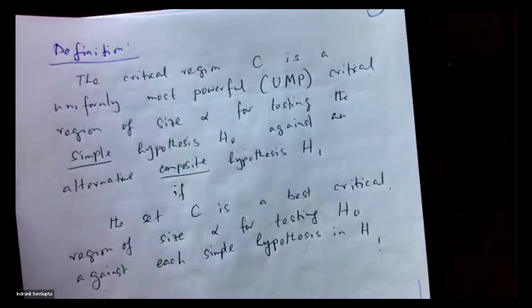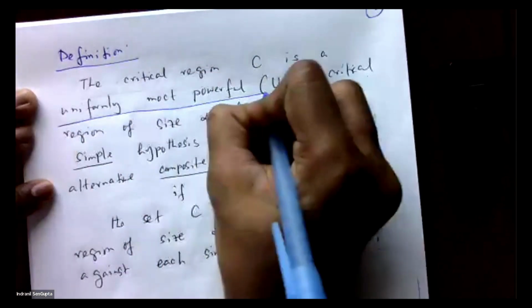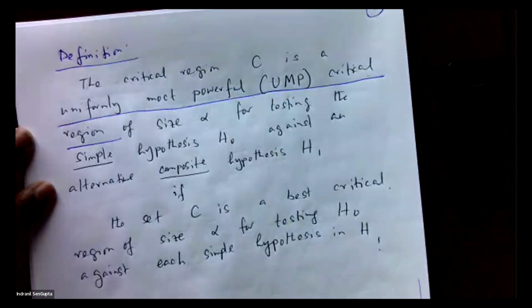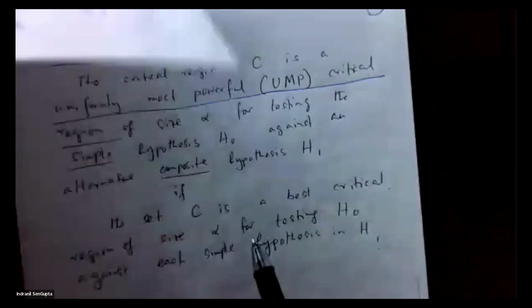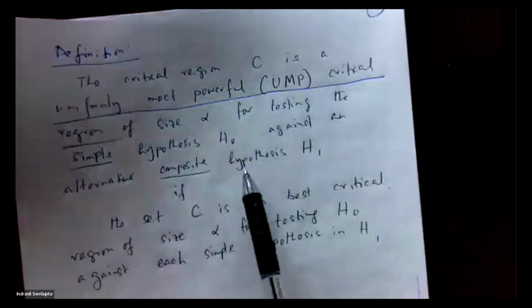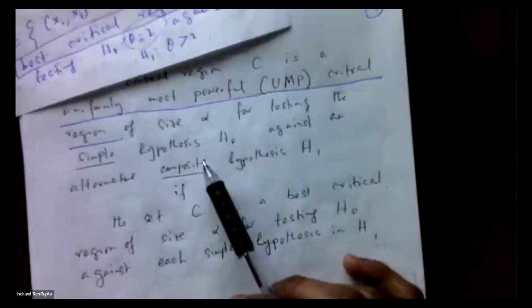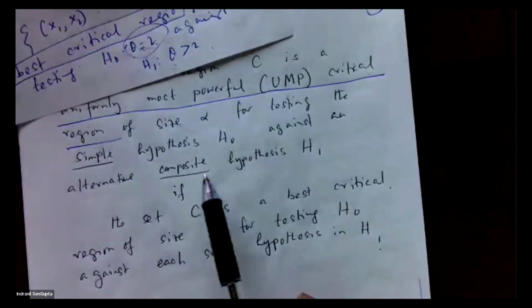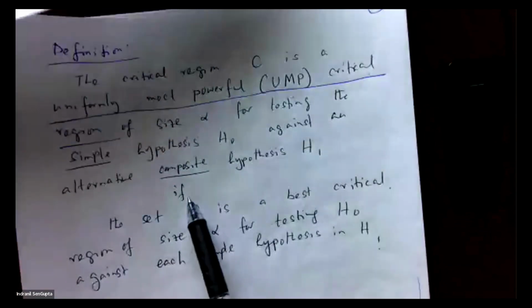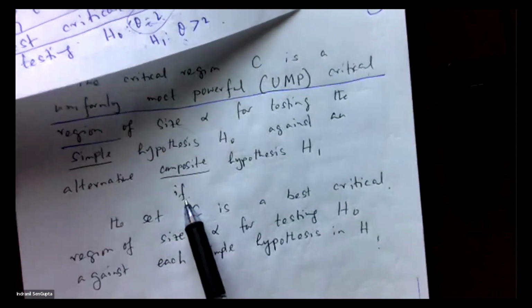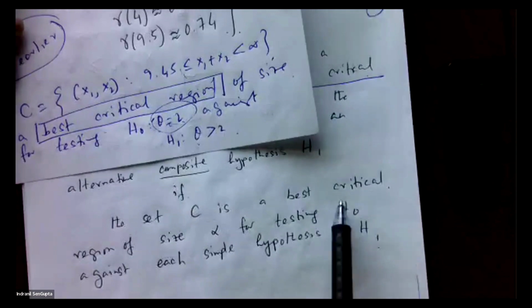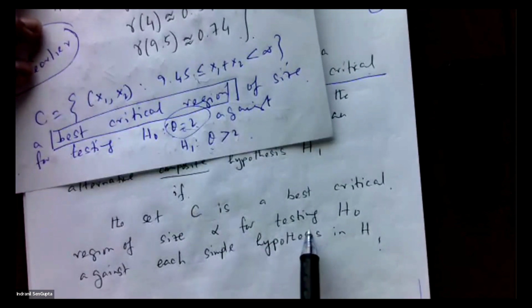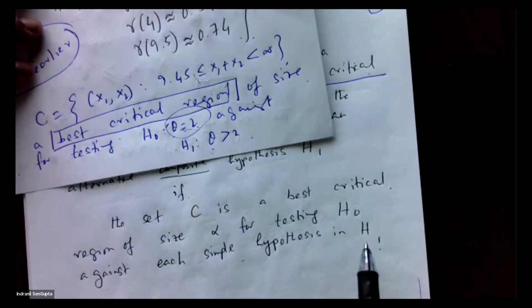It's called the uniformly most powerful critical region provided, think about the last example, the simple hypothesis like theta equals 2 is against an alternative composite hypothesis. For example, here theta is bigger than 2. It's called the uniformly most powerful critical region if the set C is the best critical region of size alpha for testing H0 against each simple hypothesis in H1.